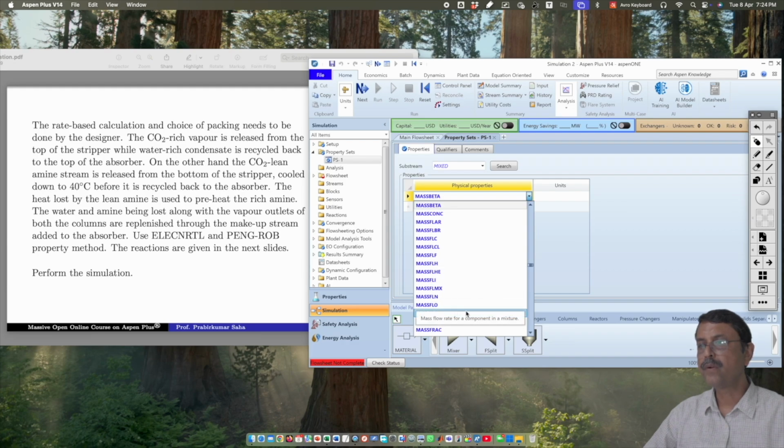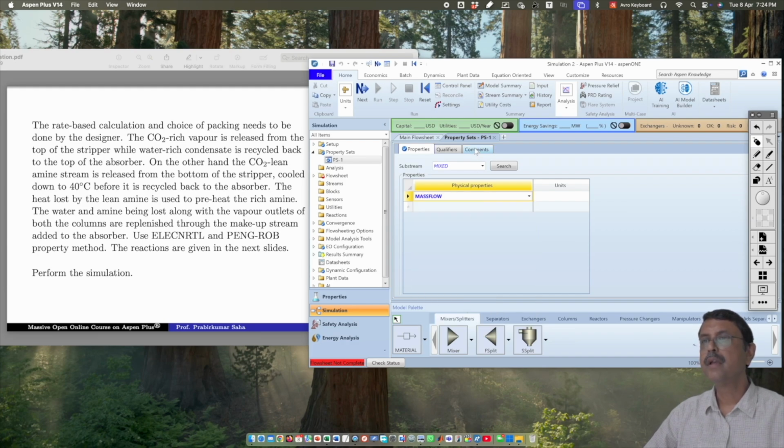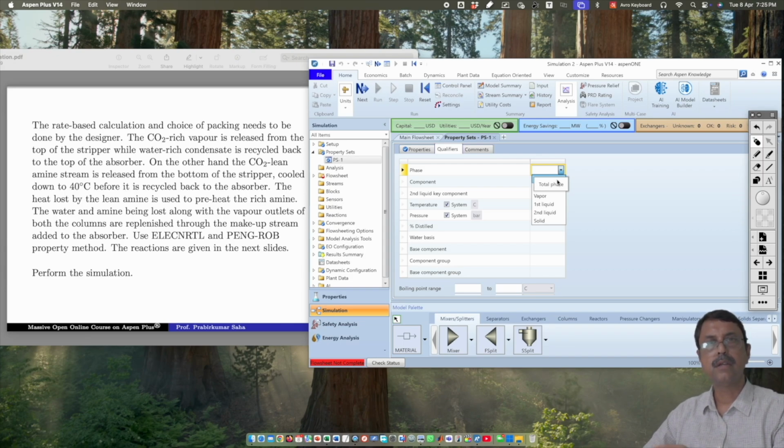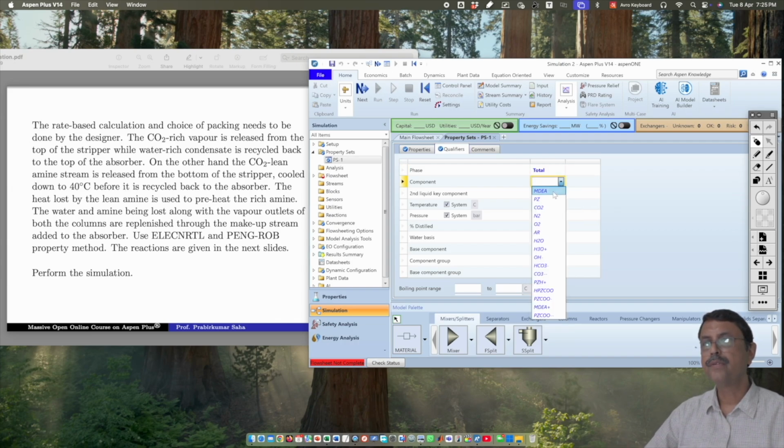So this is the mass flow rate of a component in a mixture. And we will take a qualifier. We will take total, because we want, in a mixture where both vapor and liquid phase are there, to count the entire amount of CO2 that is there in either vapor or the liquid phase in that stream. So we'll take total component of CO2. Okay. So that's exactly what we will check.